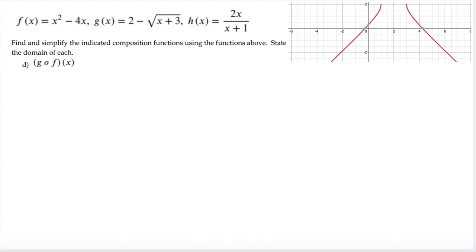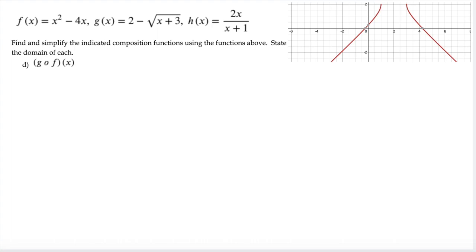It's important that we look at the domain before we actually do the function composition, before we simplify, just like we did in lesson 1.4. Find what the composition is, then look at the domain, and then simplify. Because as we know, when we simplify, there are some important pieces that may be eliminated that are an important part of the function composition itself.